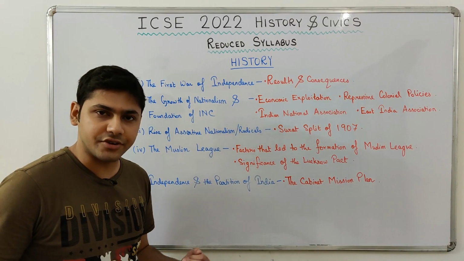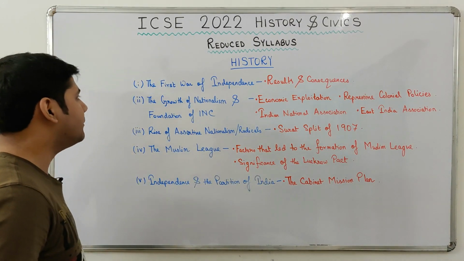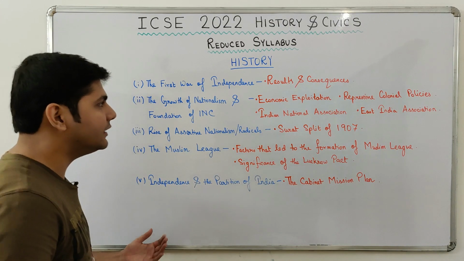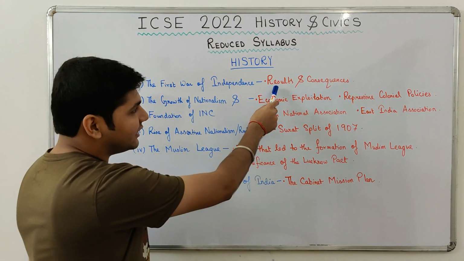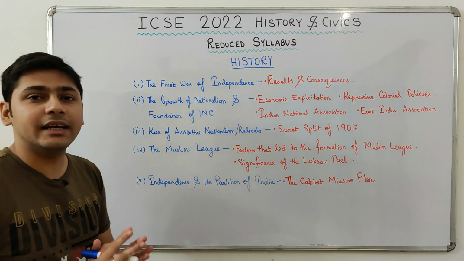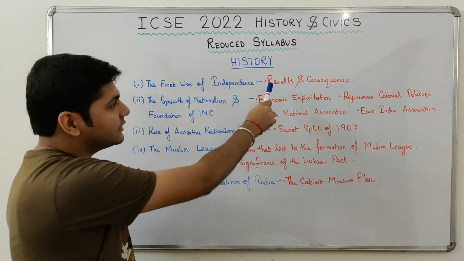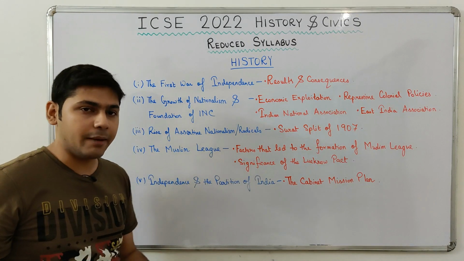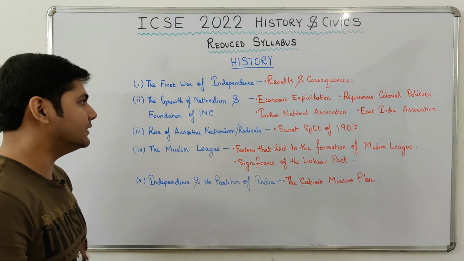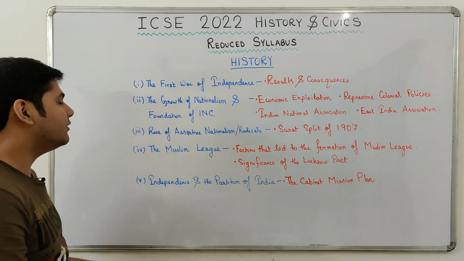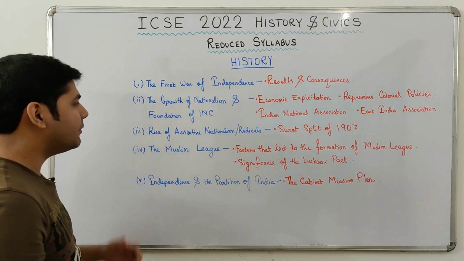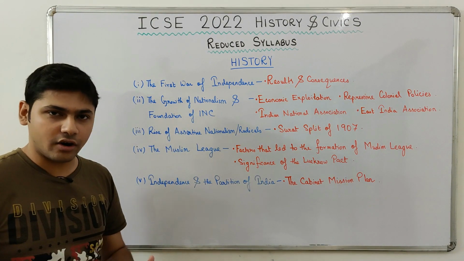Moving on to history. From the first chapter, the First War of Independence, the topic results and consequences has been completely removed. So you don't have to study the topic results and consequences from the chapter, the First War of Independence. Coming to the next chapter, which is the growth of nationalism and foundation of the Indian National Congress.